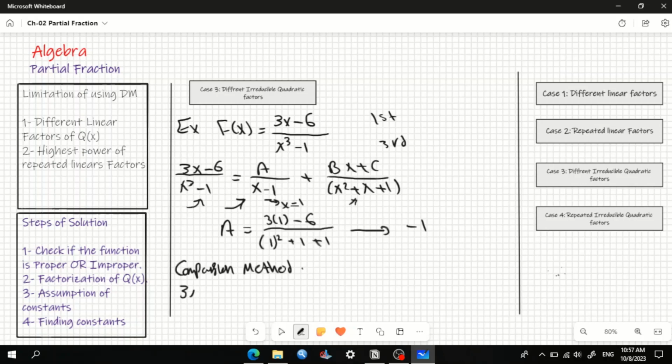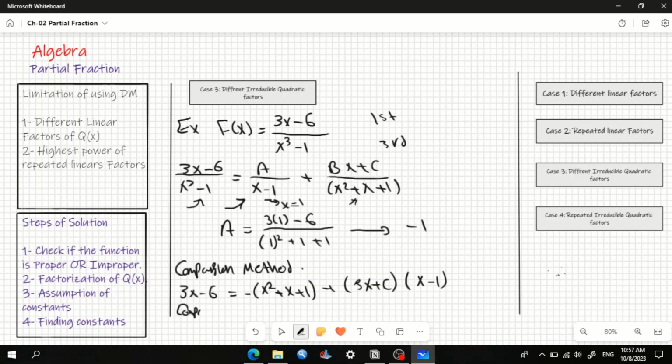So we have 3x minus 6 equal to, here we have a equal to -1, so we just write negative times x squared plus x plus 1 plus bx plus c into x minus 1. Start from the highest power. Here the highest power is the second power.